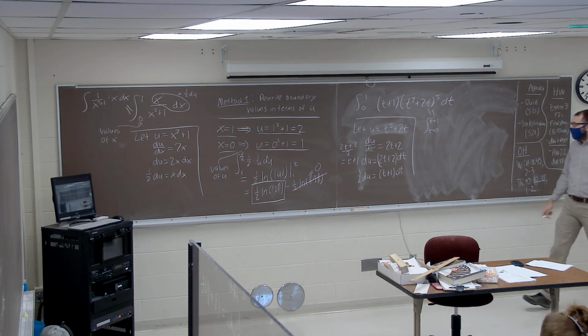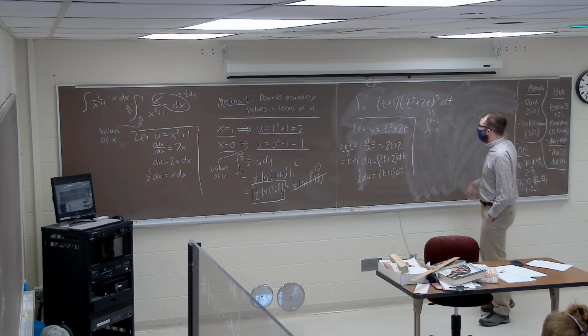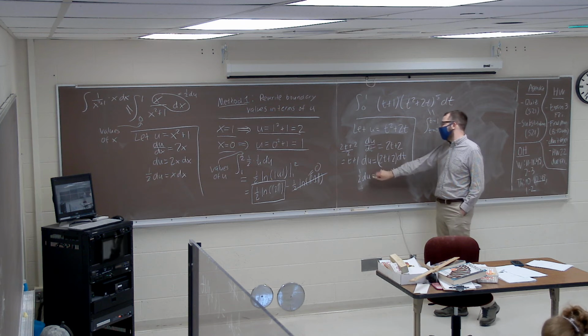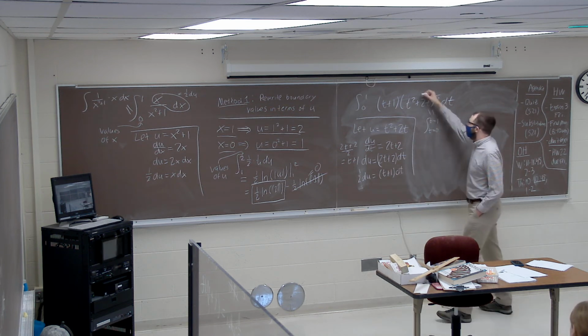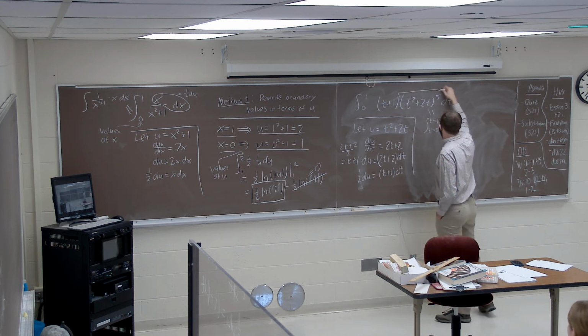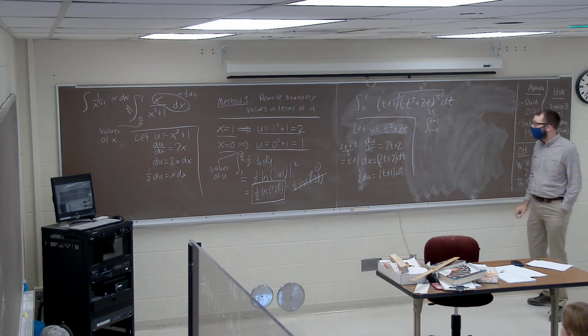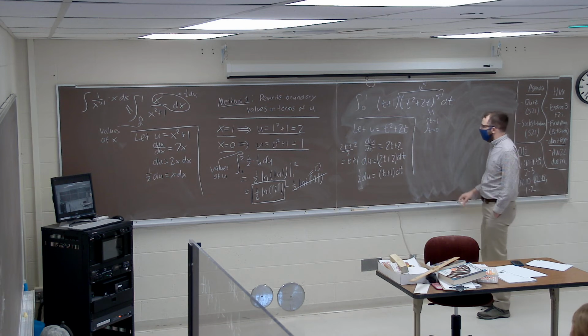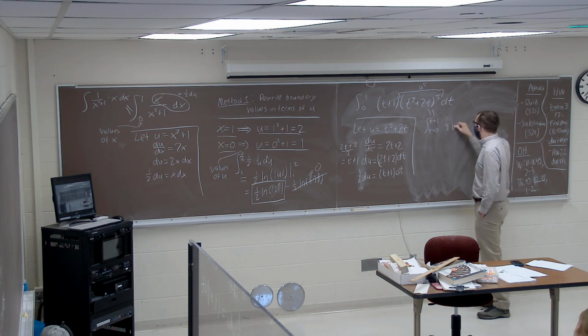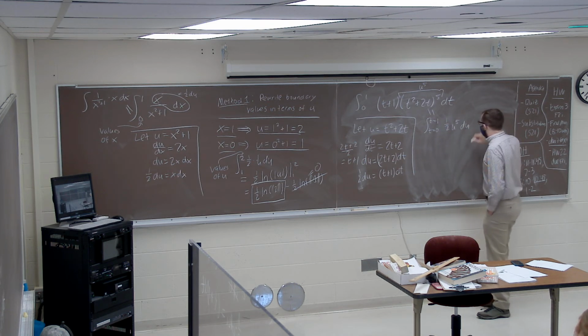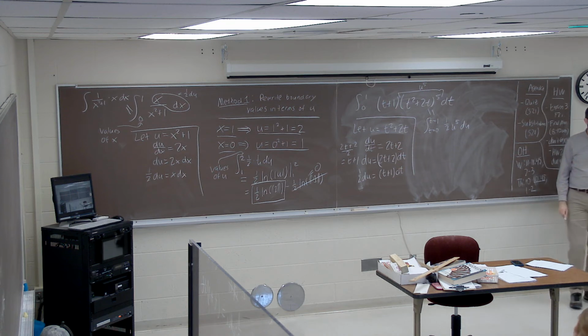And then our t plus 1 dt, we can replace with a 1/2 du. And t squared plus 2t to the 5th, I think we can replace with a u to the 5th. So what I think we'll end up with is a 1/2 u to the 5th du.